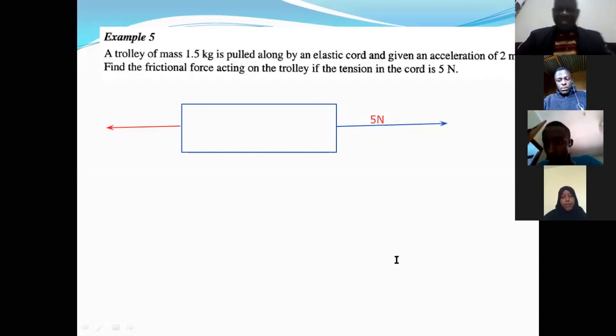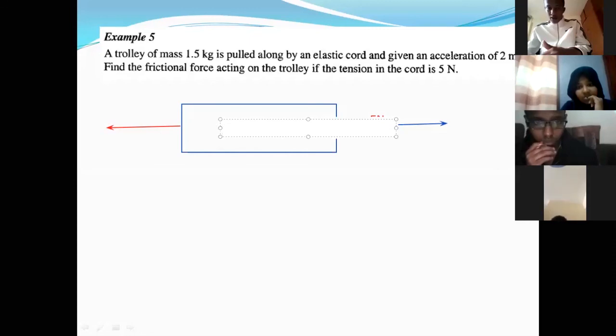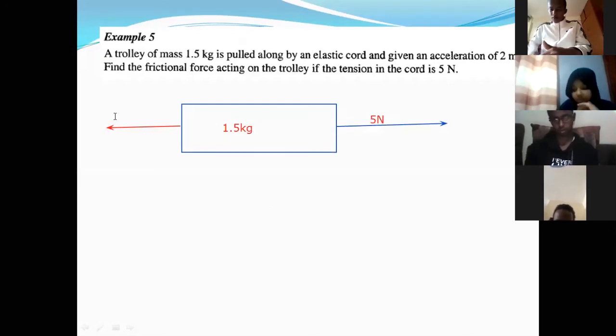Okay, let's see who is right. So this is 5 newtons, and this is 1.5 kilograms, that's the mass. And then, of course, frictional force will act in the opposite direction. This is friction. So a resultant force F is equal to ma.